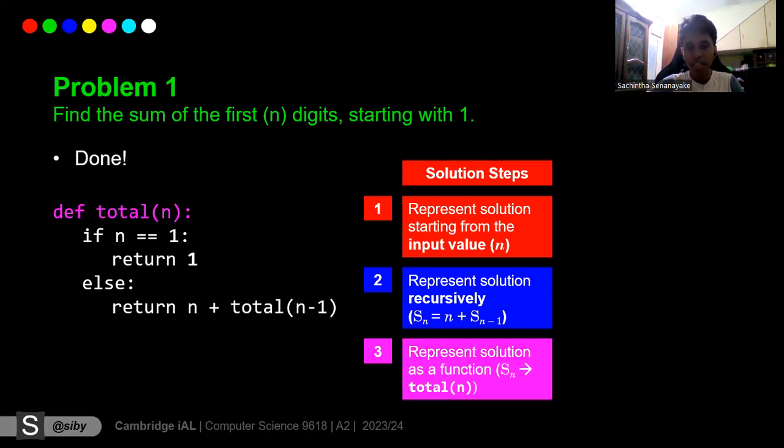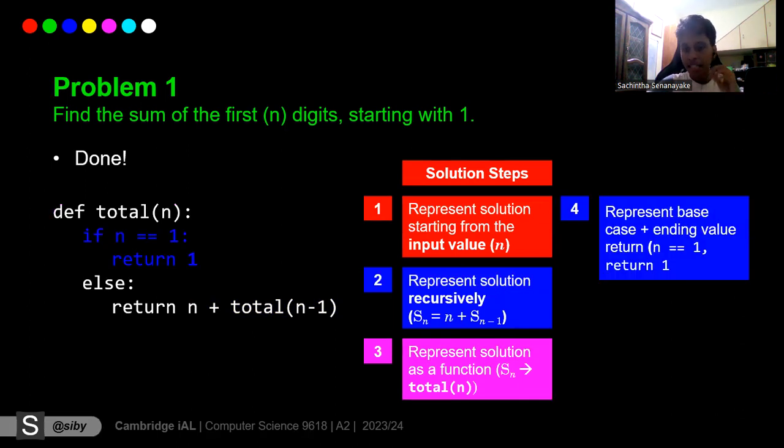And then we represent the solution as a function. We represent s base n as total n, because we don't have subscript systems in Python. We just represent it as total, with the parameter being n. And then we represent the base case and the ending value. So the base case becomes our condition. The ending value becomes the return inside the base case. So n equals 1 becomes return 1.